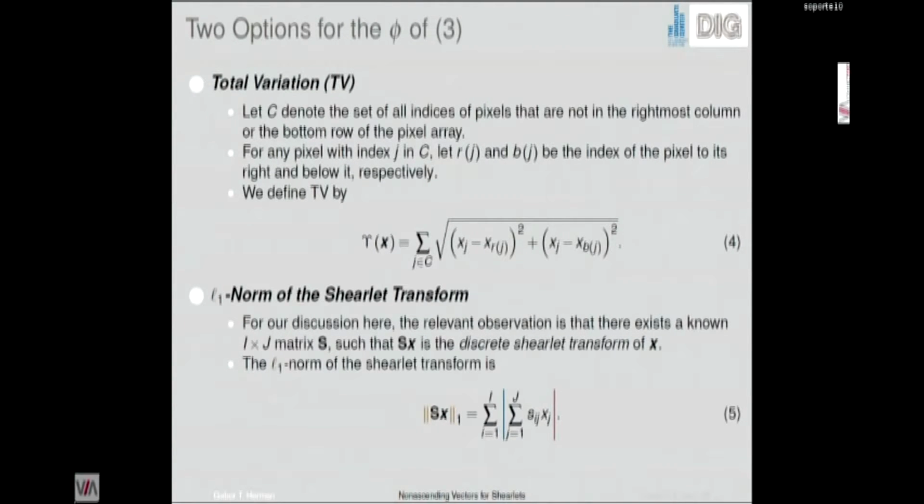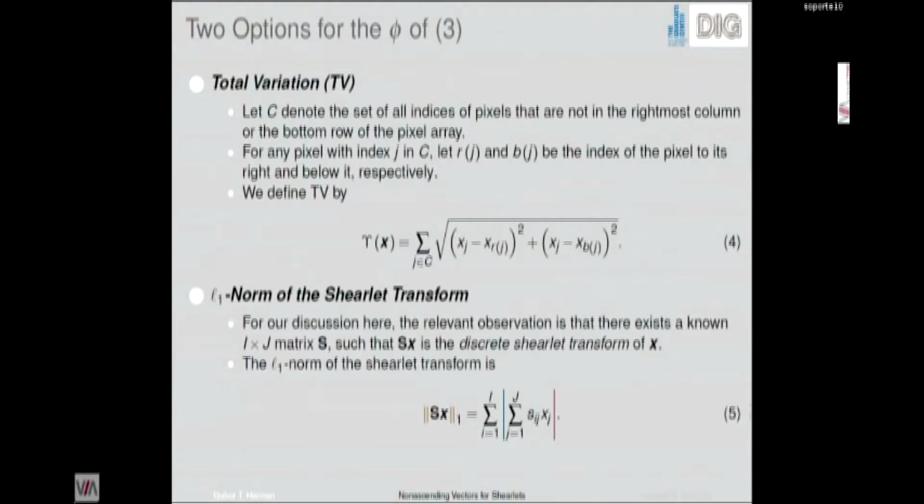Total variation is a discrete approximation to the idea of the integral of the size of the gradient. You have a function of two variables and you integrate the norm of the gradient. That is the continuous mathematical definition of total variation. In the discrete definition, since we're dealing with images, you take the set of indices of pixels which are not in the rightmost column or the bottom row.